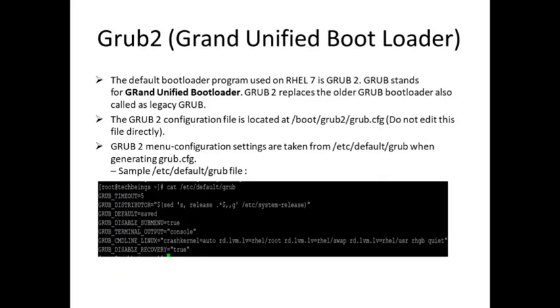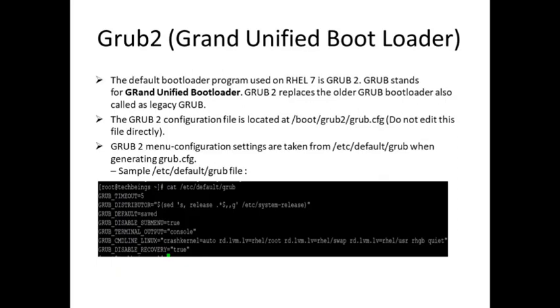The grub2 configuration file is located at /boot/grub2/grub.cfg. You should never edit this file directly. grub2 menu configuration settings are taken from /etc/default/grub when generating grub.cfg.